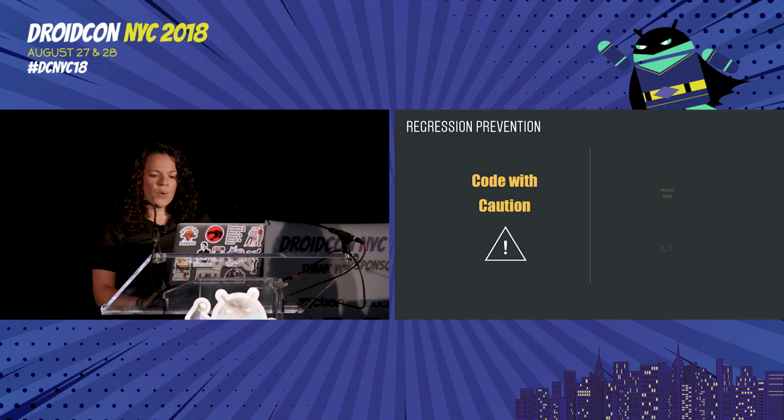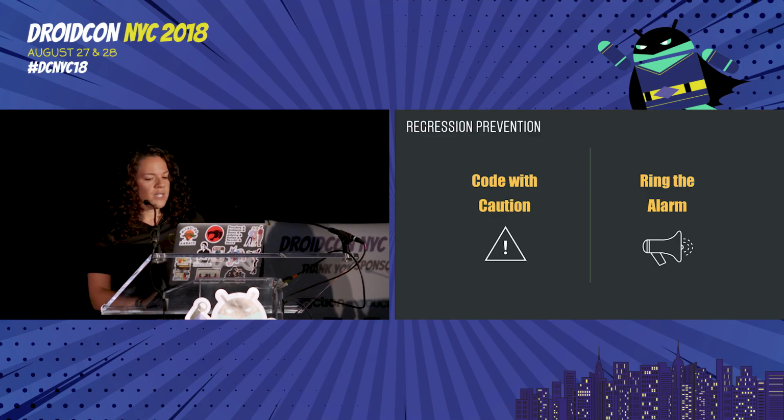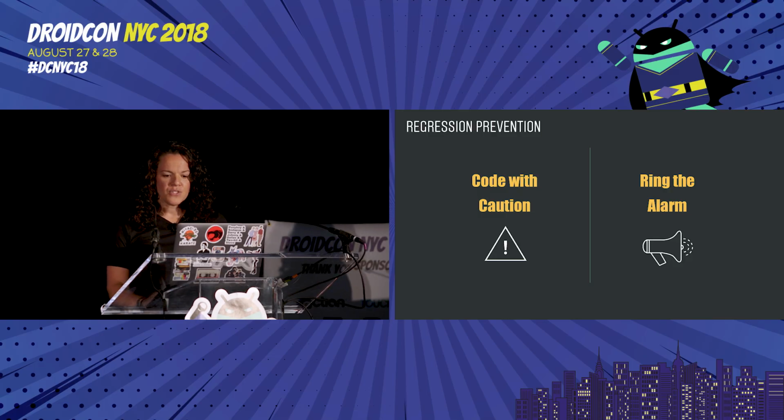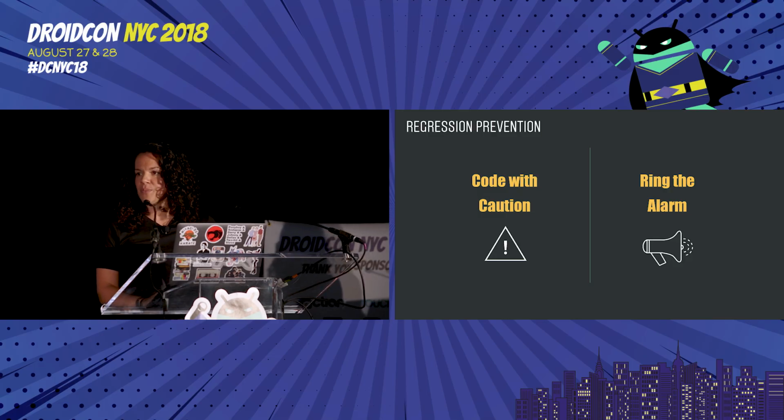Additionally, we have a system of alerts in place to help keep tabs on some of our metrics. They cover a range from the number of methods being added, which mattered in particular when we were still a single DEX app, to the number of kilobytes being added to both our compressed and uncompressed APK size. We've established a variety of thresholds, and as new builds are posted as part of our continuous build system, alerts will fire if a diff has caused us to exceed any of those thresholds.